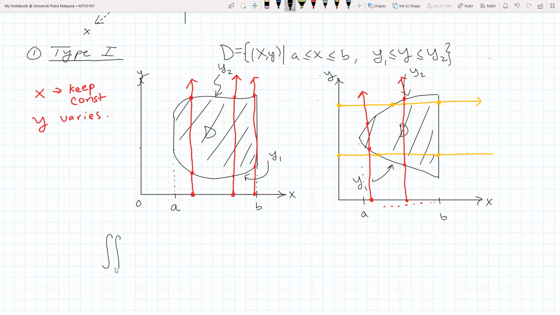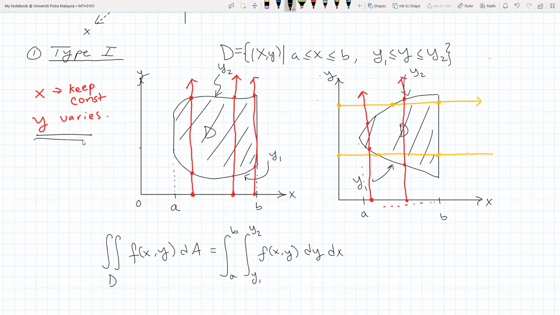So this is double integration over this region, f x y dA is just equals to when x is from A to B, so y1, y2 for the boundaries for x, boundaries for y, dy dx. So kita dia punya inner integration adalah dy. Sebab apa? Sebab y varies. Tak boleh nak buat kat luar, dia susah sikit. Sebab dia benda tu dia masuk tak sama.